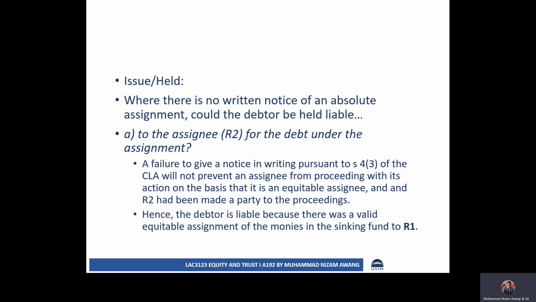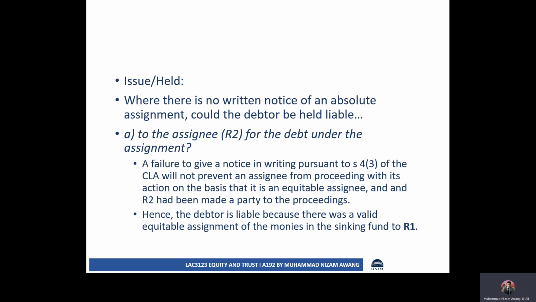In this case, there was a failure to give express notice in writing according to section 4 subsection 3. Of course, if you would like to bring your case under a legal assignment, that would not be successful. But that would not prevent the assignee from taking the case as an equitable assignee.